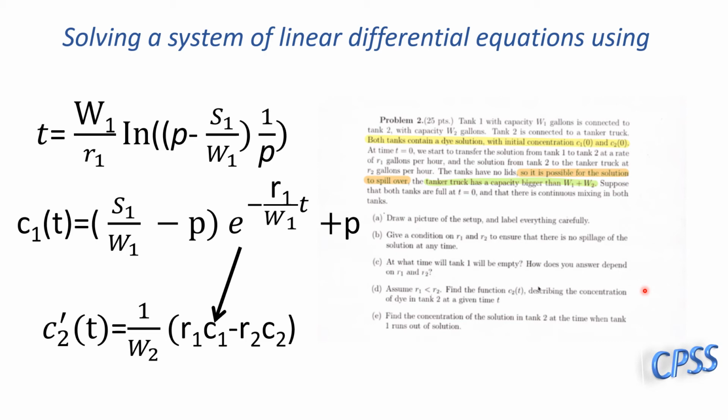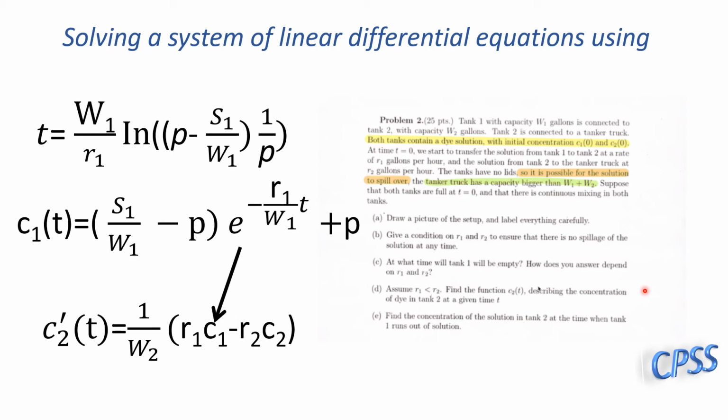So what D is really saying is you want to solve the differential equation for concentration C2. That's the only thing it's asking. The only caveat is that you're going to have to include the solution for C1 in C2, because C2 is coupled to C1. So you substitute that in there.